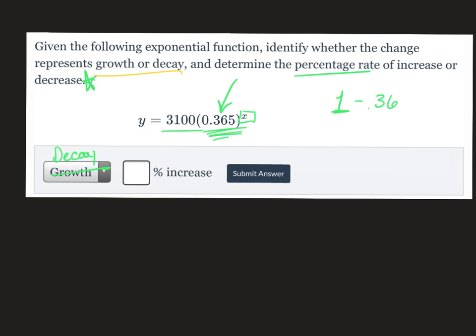I decreased by 0.635, which when I convert that into a percentage, I move my decimal place over twice. That leaves me with 63.5%, which is my value here. Make sure you always read, make sure that it doesn't tell you to round. It says determine the percentage rate. It didn't ask me to round, so we're good to go with this answer.